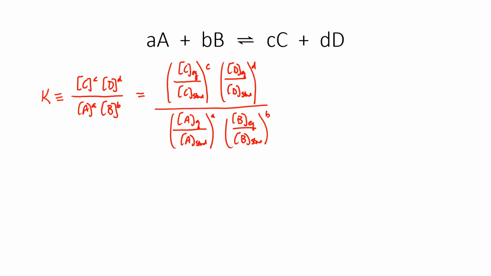So here's what the expression looks like after we've written the ratios for all of the other concentrations. Again, the ratio is the concentration of the solute at equilibrium over the concentration at standard conditions.